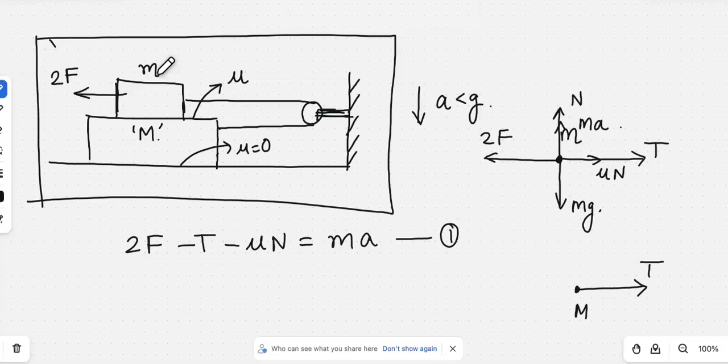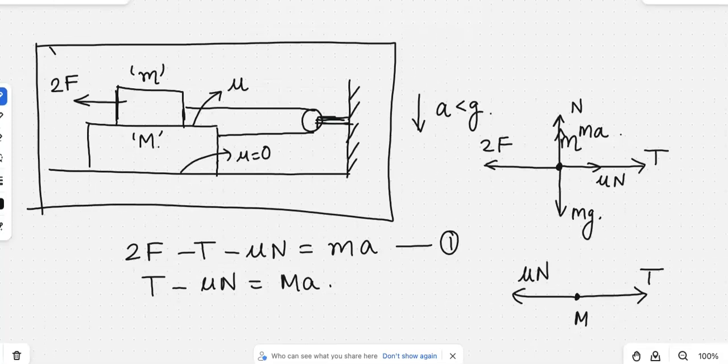Now I already told you that if small m experiences a frictional force towards the right, capital M will experience a force towards the left. So this will be towards left, the same magnitude mu n. So here it will be T minus mu n is equal to capital M into a. Obviously it will go towards right, right?